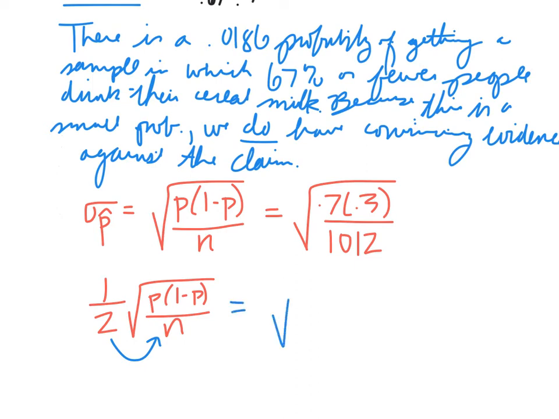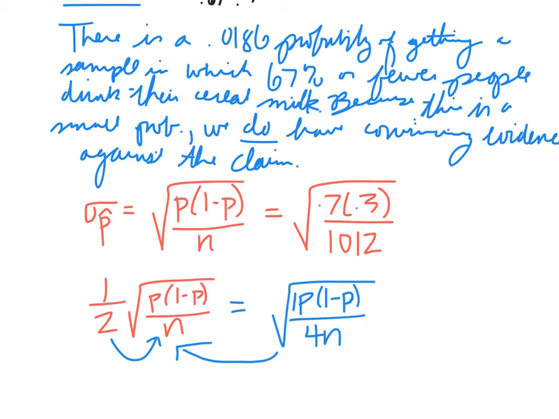So the square root of 4 is 2. So notice that this blue would give me this, because the square root of 1/4 would be 1/2. So basically, if I want to cut my standard deviation in half, I have to quadruple my sample size.